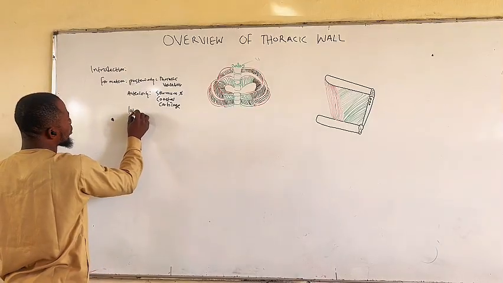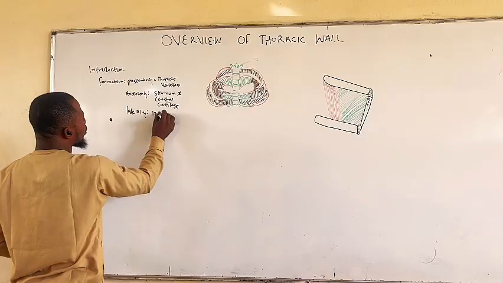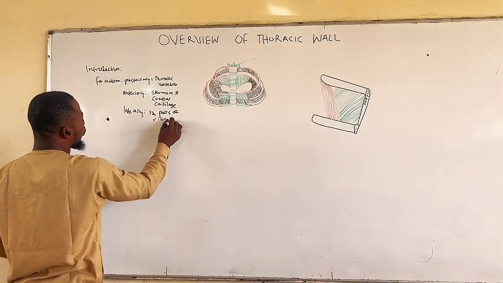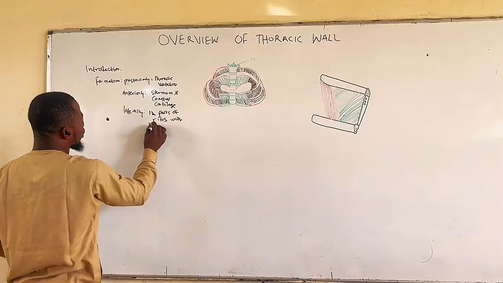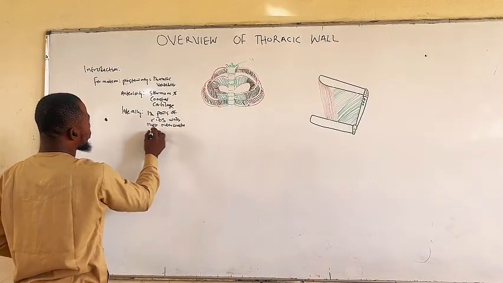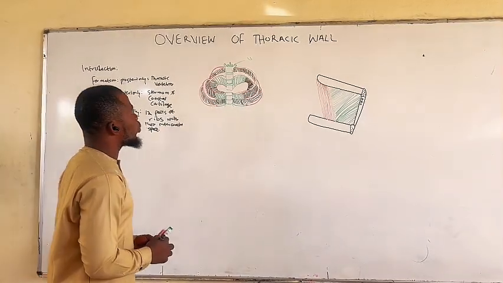Laterally, it is formed by 12 pairs of ribs with their intercostal space. These are the formation of the thoracic wall.